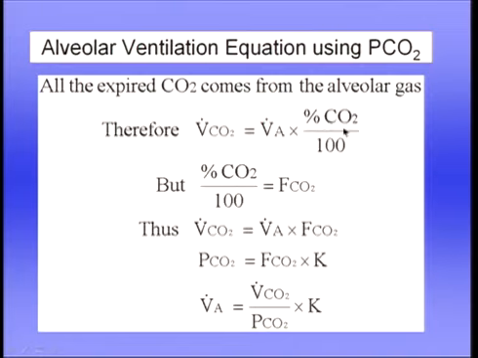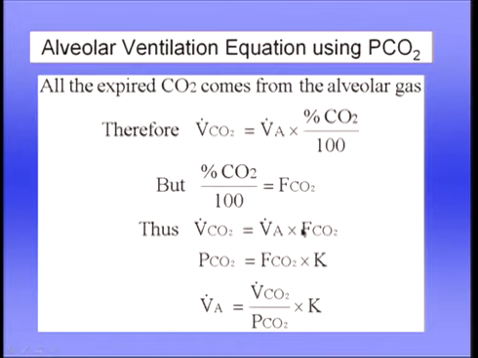In other words, there may be 5% of CO2, so 5% over 100 is the amount of CO2. And we call the percentage over 100 the fractional concentration. You'll remember, we talked about that. And so we can rewrite this equation here as V dot CO2, the CO2 production, is equal to the alveolar ventilation times the fractional concentration of CO2.